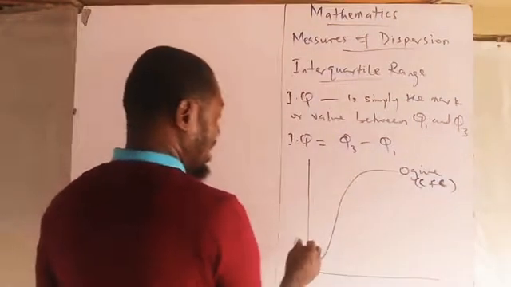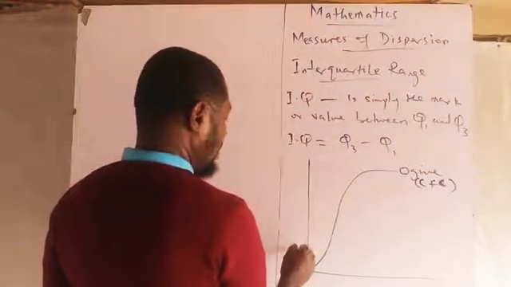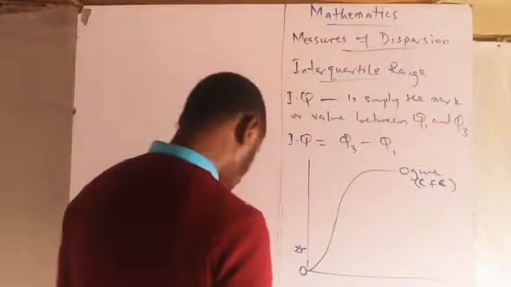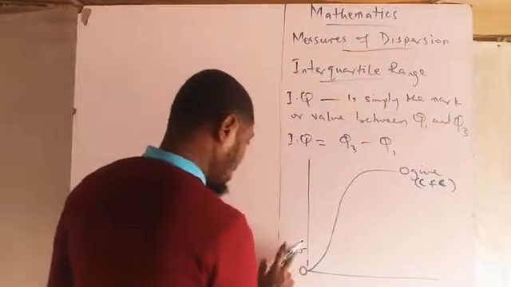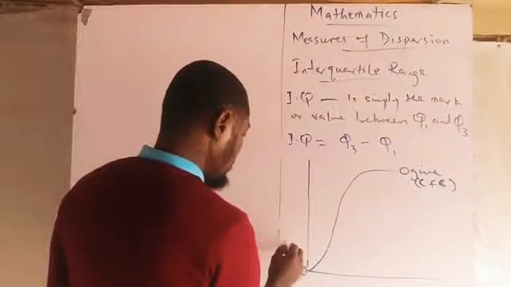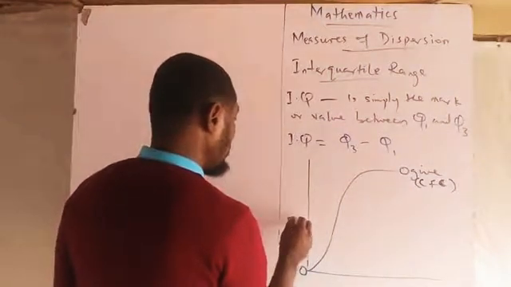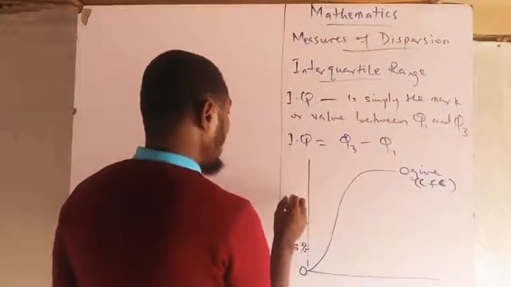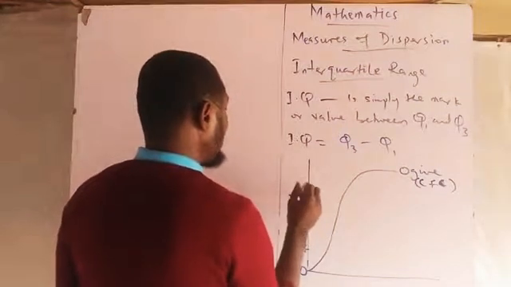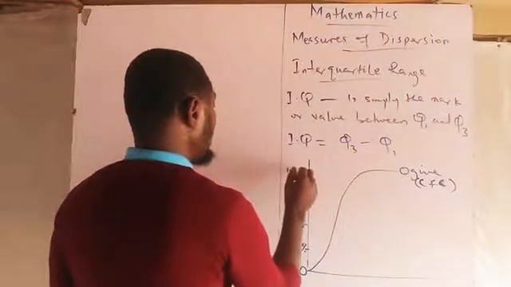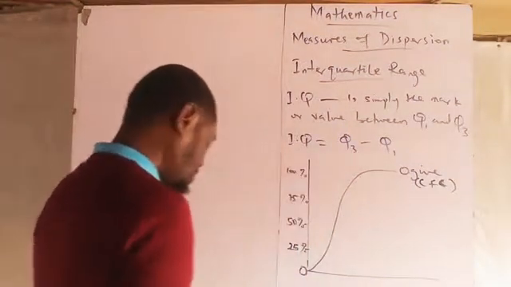Now, if I divide this into 4 areas, I have the 25th percentile, the 50th percentile, the 75th percentile, and the 100th percentile. That you should know.